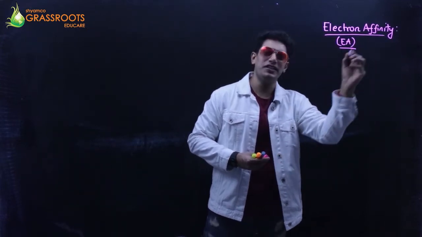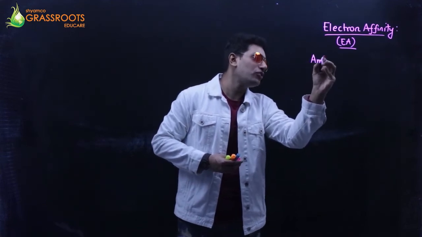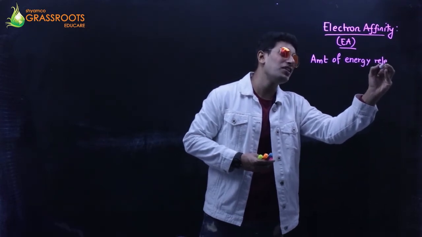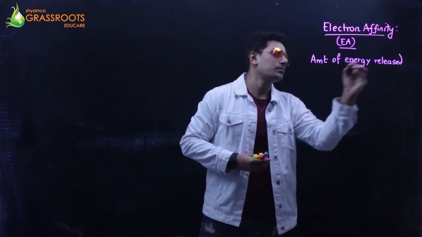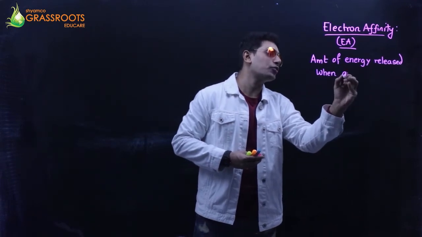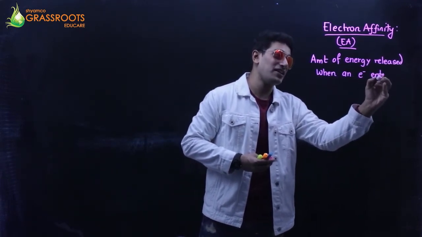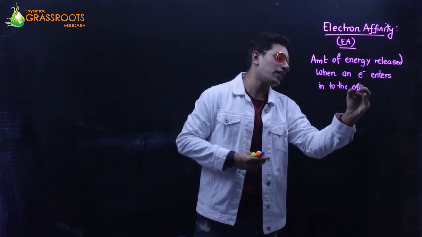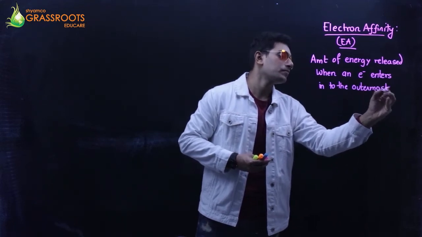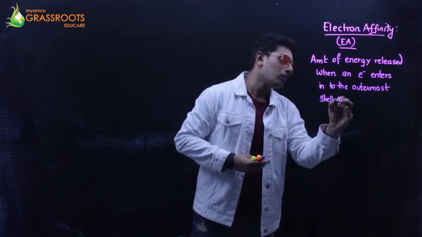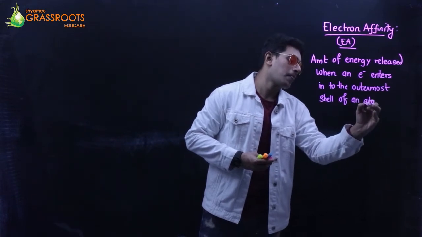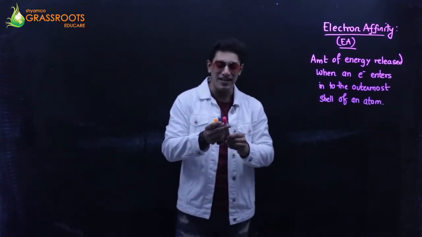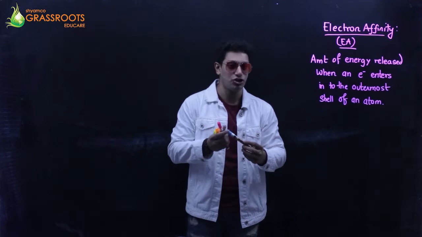Alright, electron affinity, it is the amount of energy released when an electron comes into the outermost shell of an atom and it becomes an anion, to make it an anion. Now, this is exactly a contrast to ionization potential.